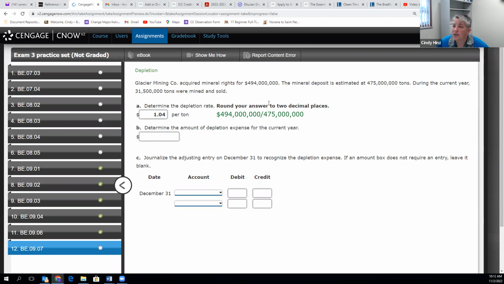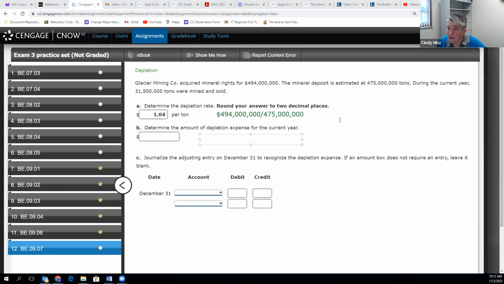It then tells us that during the current year, 31,500,000 tons were mined and sold. And again, I talked about in class that it's important that we know that it was mined and sold in the current year. If we didn't sell everything that we mined, then that would leave us with some inventory available for sale on our balance sheet.